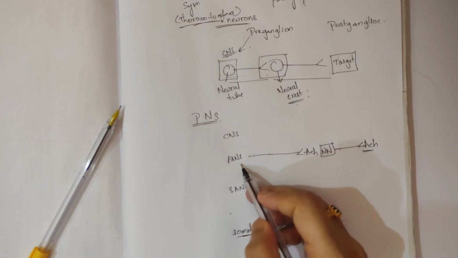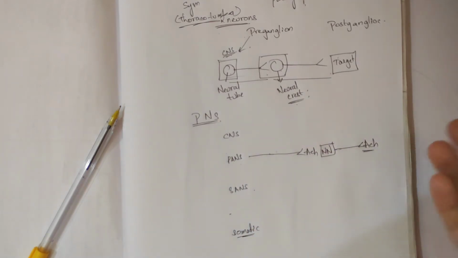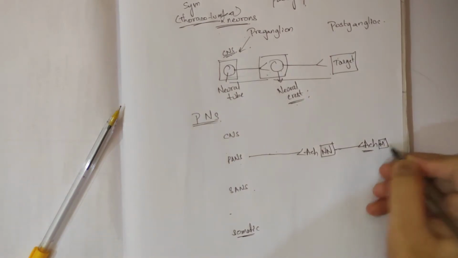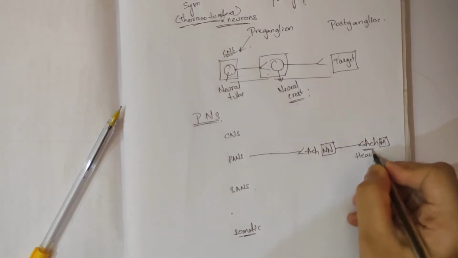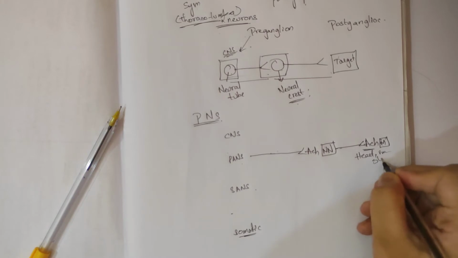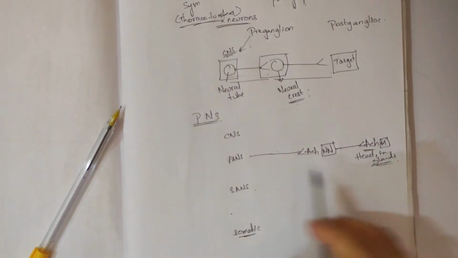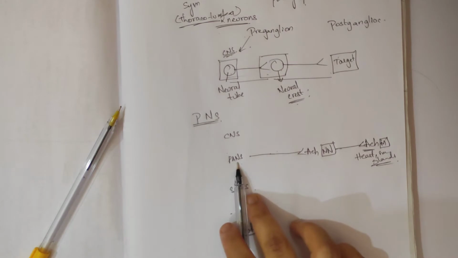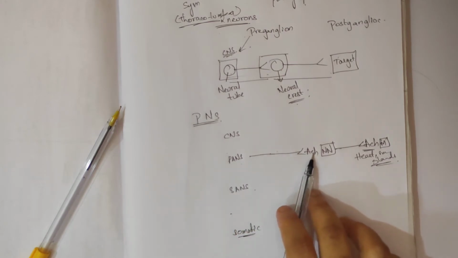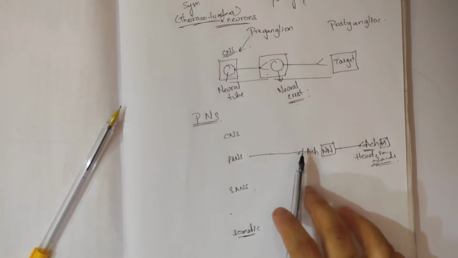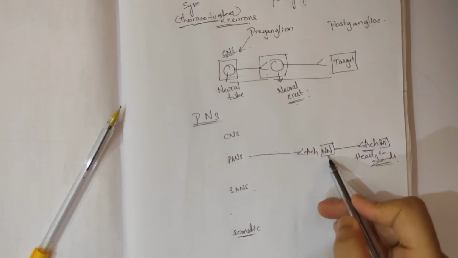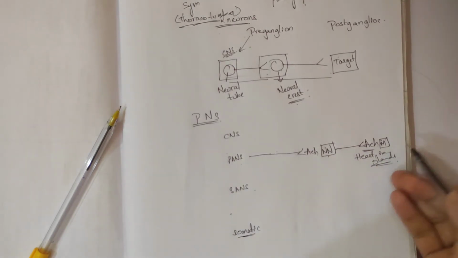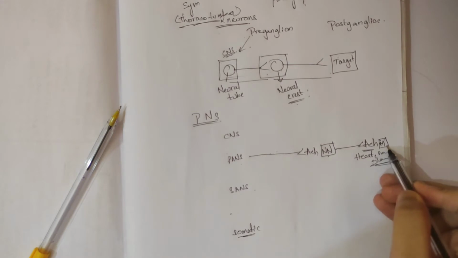The parasympathetic nervous system innervates muscarinic receptors in various organs like the heart, smooth muscles, and glands. Just remember this: the parasympathetic has only acetylcholine, that is cholinergic transmitters, and the receptor here is nicotinic, and for target tissues it is muscarinic.